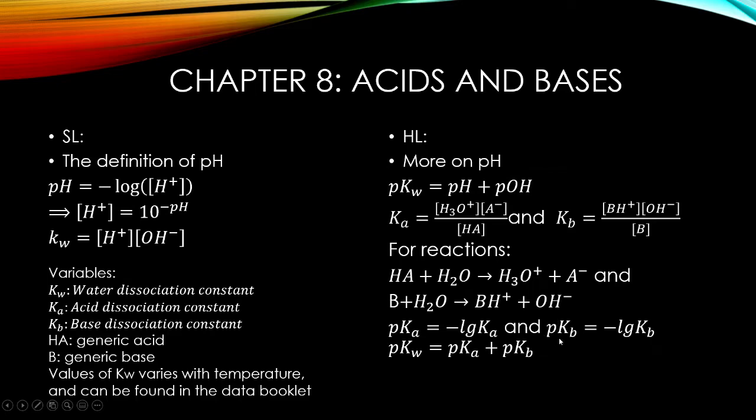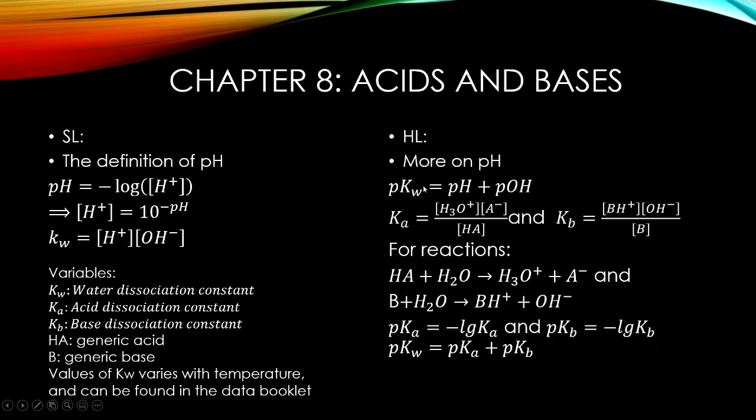Now the same is true for pKb, where you just use Kb instead of Ka. Now you have this relation, pKw equals pKa plus pKb, which is basically the same as pKw equals pH plus pOH, which comes from here. You just take the negative log of both sides.